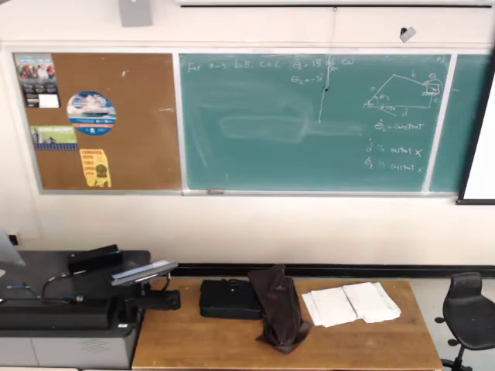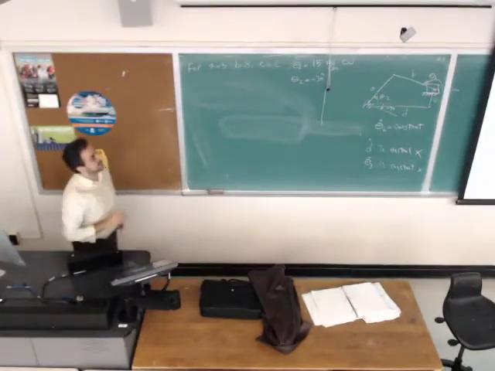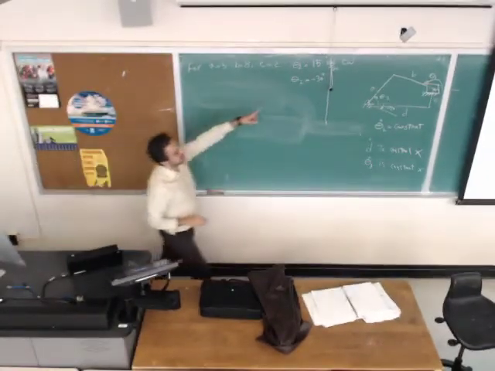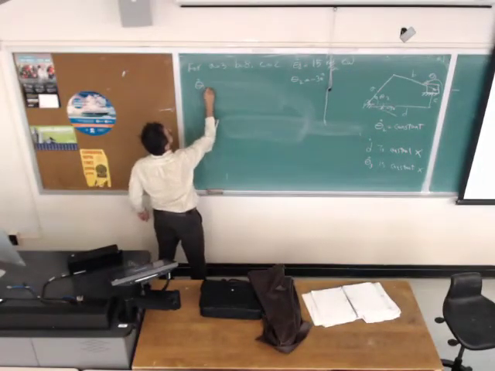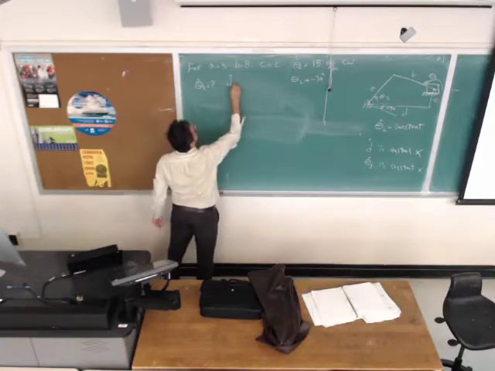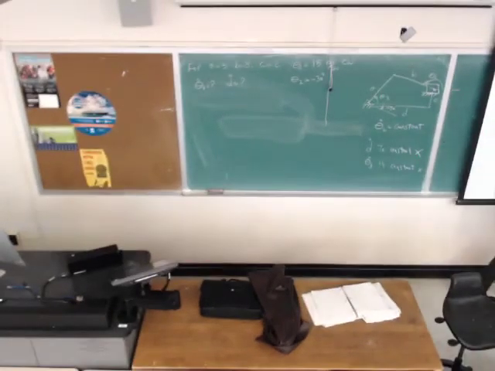Clockwise is negative. So in our equation, we should use theta dot 2 with a negative sign because it's clockwise. What would be theta dot 3 and d dot? What would be the velocity of the slider and what would be the angular velocity of the link?